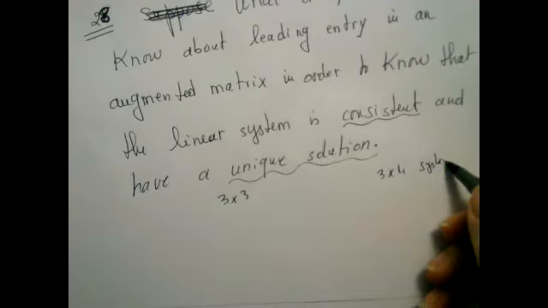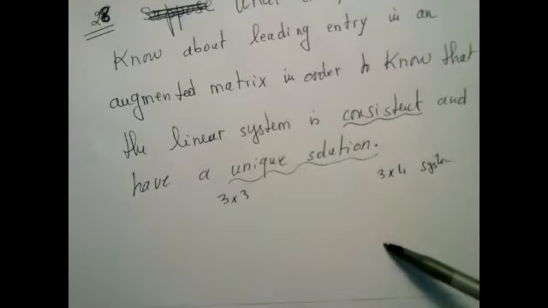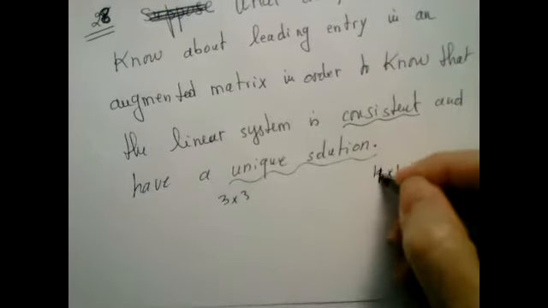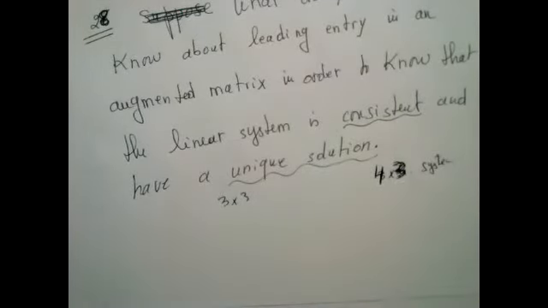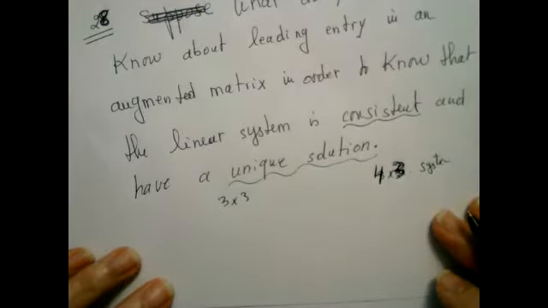Then take a 3x4. 3 equations. No, sorry, I meant 4x3. My apology. 4x3. And ask yourself what could be. There are no leading entries in the final column. That's not enough.